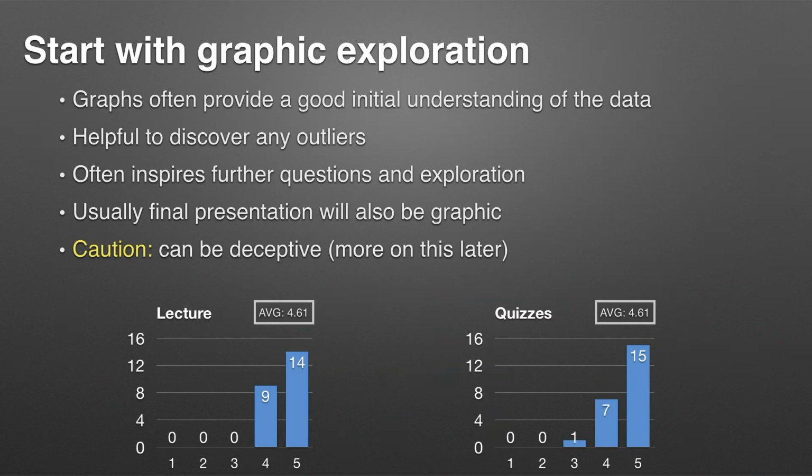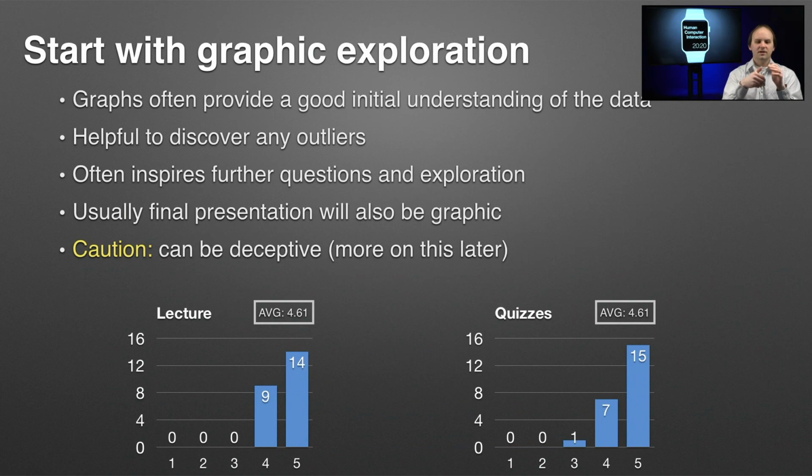As a simple example here, I've pulled a couple of the response histograms for the mid-semester survey. I pulled the category for lecture and the category for quizzes. If you notice, they both have an average of 4.61.